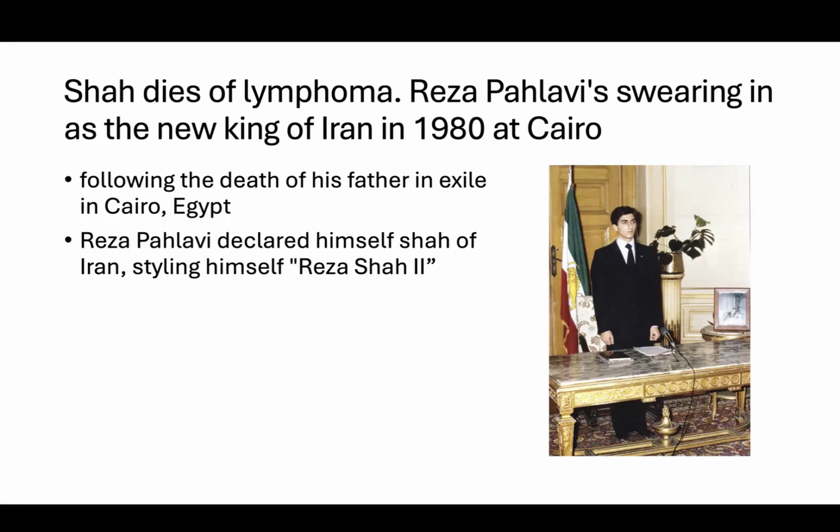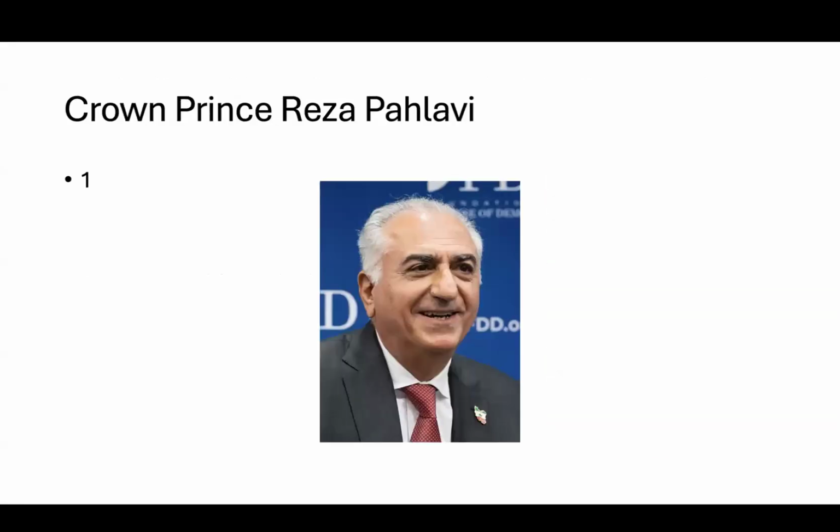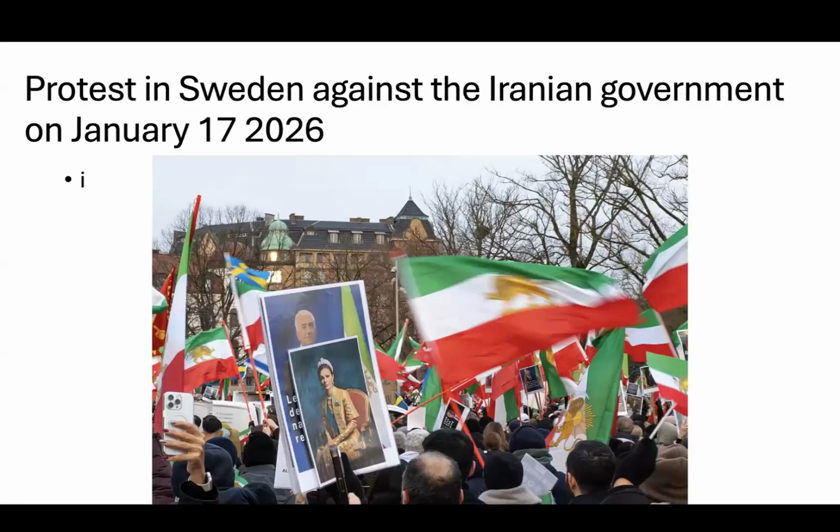And he dies in Cairo. Anwar Sadat, I think, accepts him. And his son is immediately sworn in, in 1980 in Cairo. And he has the same name as his grandfather, so Reza Shah II. And here he is today, and it's interesting. You'll see his picture in various protests along with his mother.